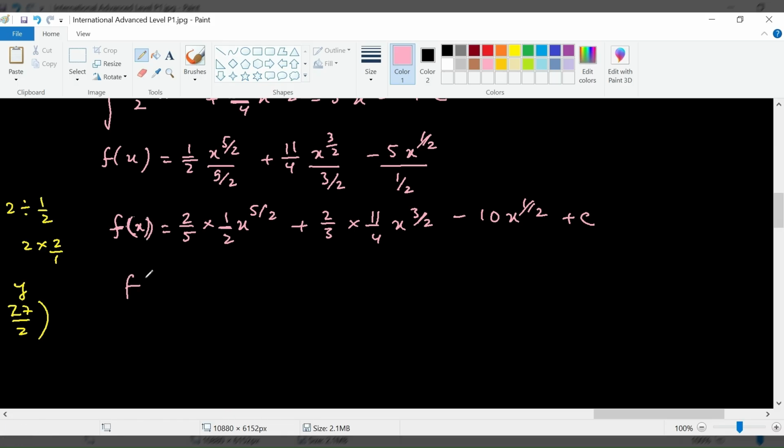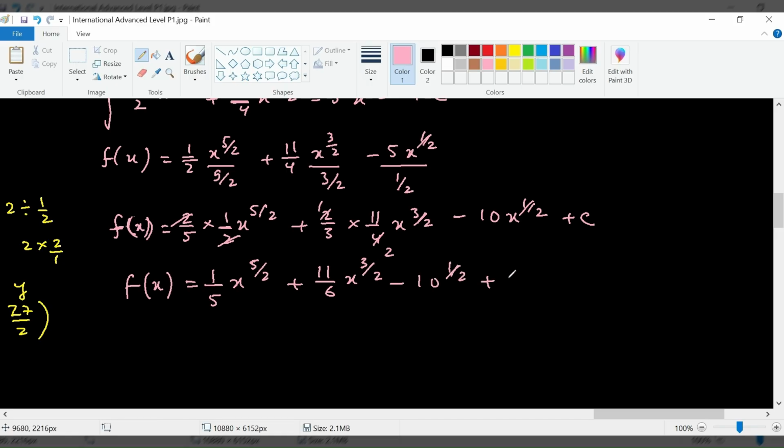Further simplification is going to give us 1 over 5, because this is going to be cancelled, and x to the power 5 over 2, and plus this is going to give us 2 times 1 and 2 times 2 is a 4, 3 times 2 is a 6. So 11 over 6 x to the power 3 over 2 minus 10 x to the power 1 over 2 plus c.